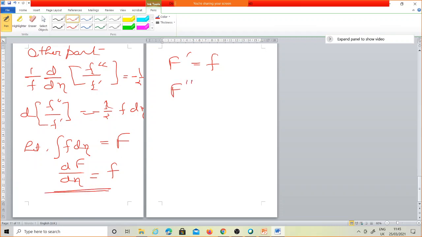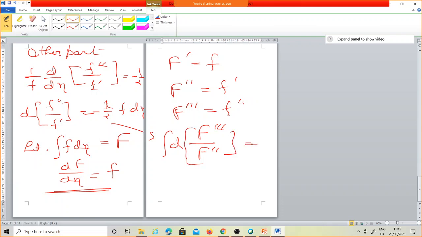So f double prime will be small f prime, and f triple prime will be f double prime. So what will you get from here? You will get the integration of d f triple prime divided by f double prime is equal to minus half capital F. So integration and derivative will cancel out.